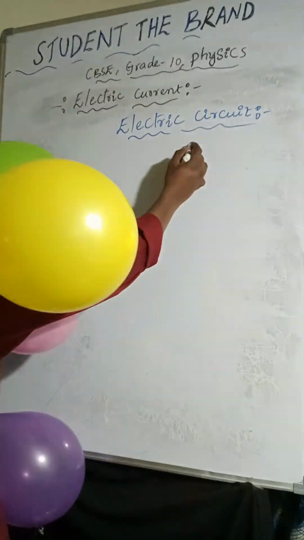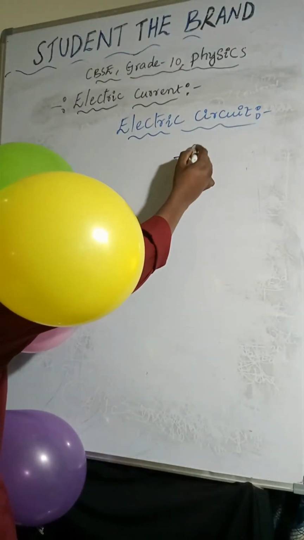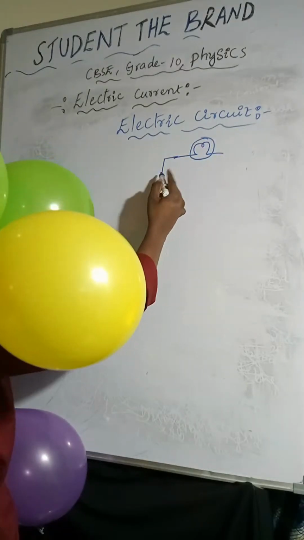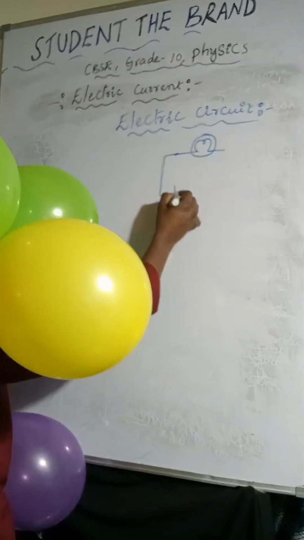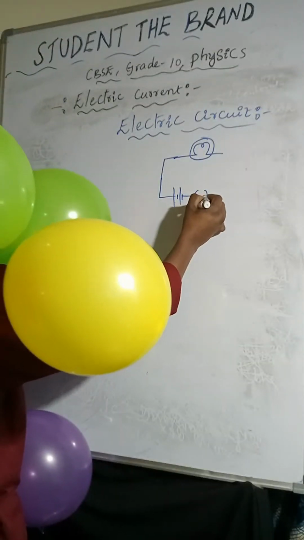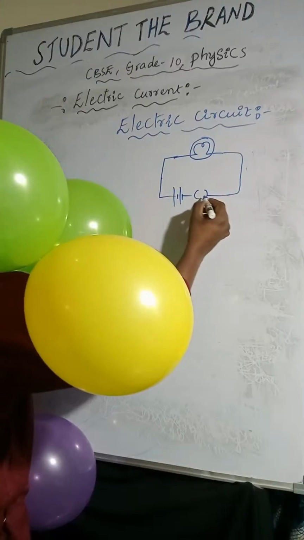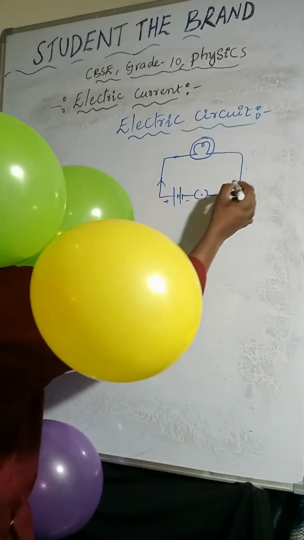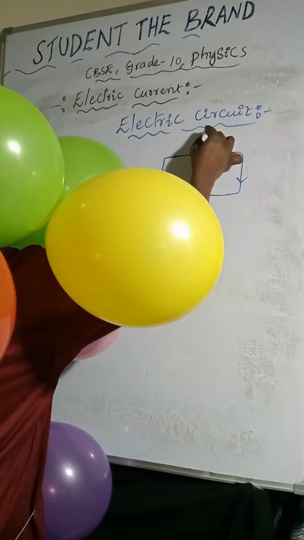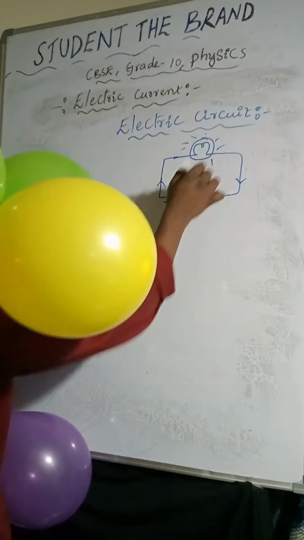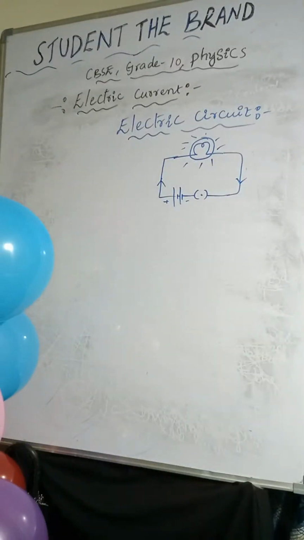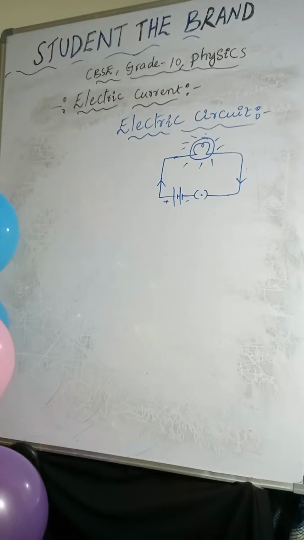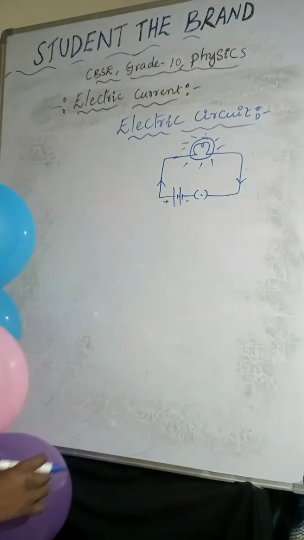Here you can take this bulb symbol, and here battery, switch. Okay, so this is an electric circuit.